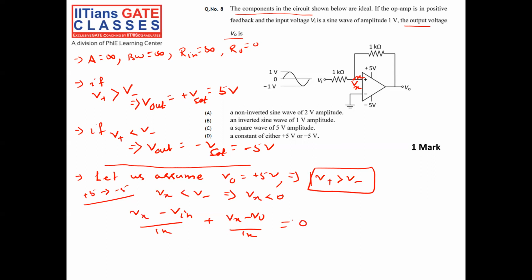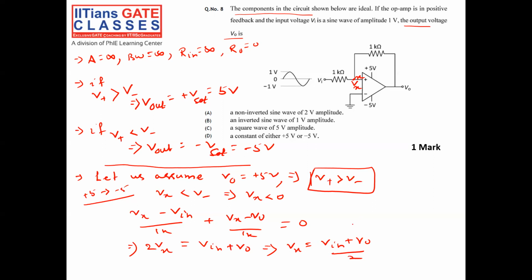Simplifying, 2Vx is equal to Vin plus V0. Simplifying, Vx is equal to (Vin plus V0) by 2.